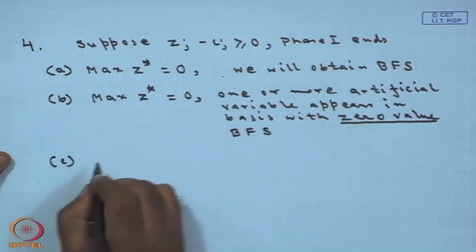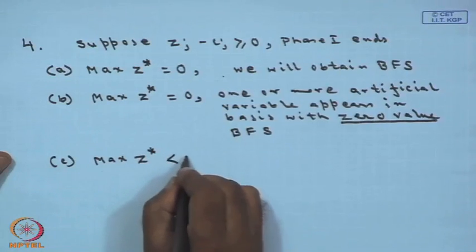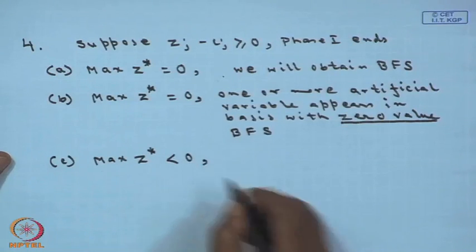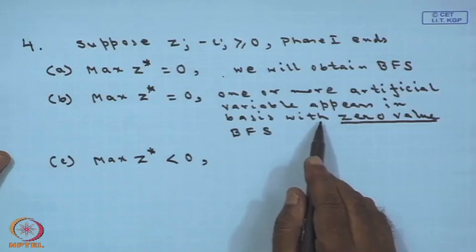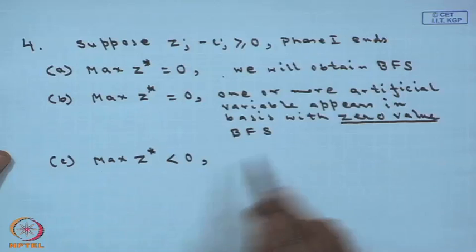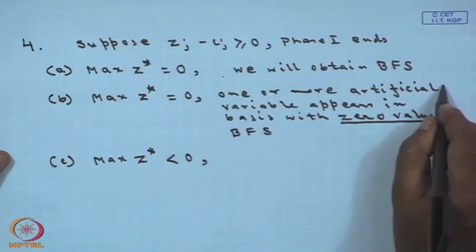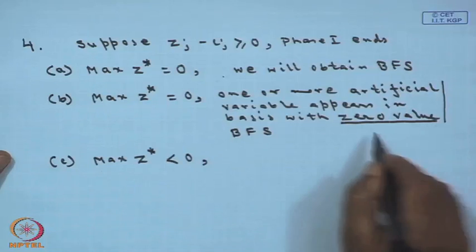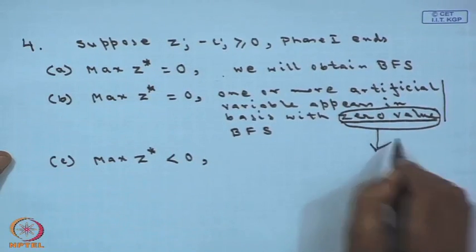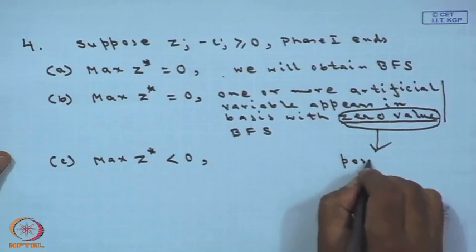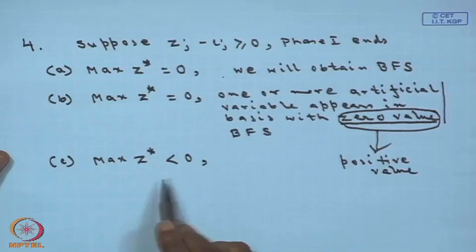The third case is maximize Z star is less than 0. It means one or more artificial variables appear in the basis with positive value, since maximize Z star is less than 0. Similar to the earlier case, but the only difference is that it appears in the basis with positive value instead of 0 value. So, then only maximize Z star will be less than 0.